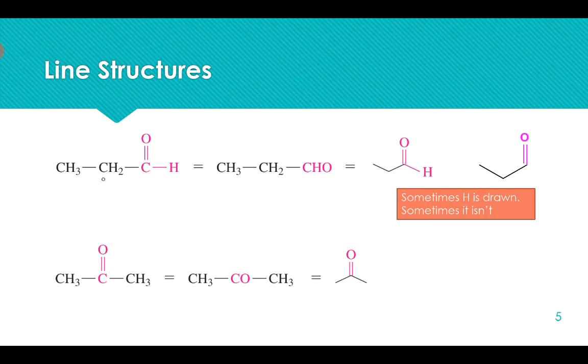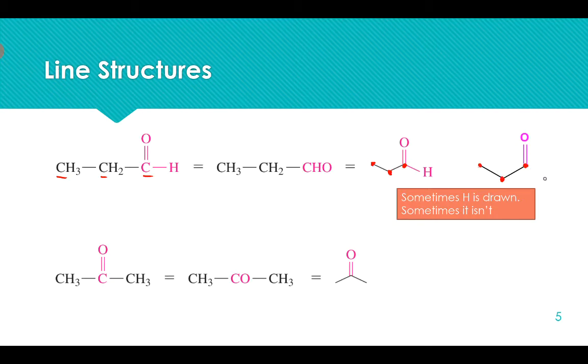Now when we do line structures, we have to remember that, all the time in line structures really, hydrogens that are bonded to carbons are not drawn. So if we try to draw the line structure for this aldehyde, this has 1, 2, 3 carbons.